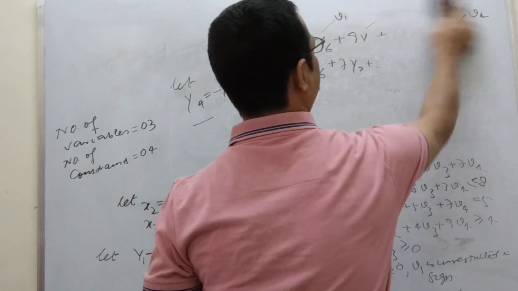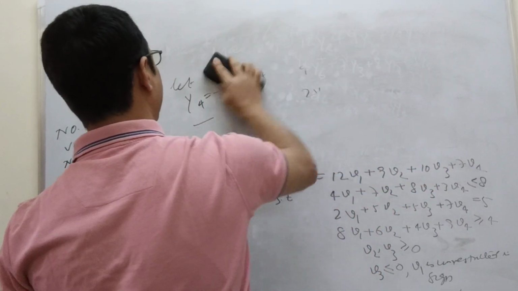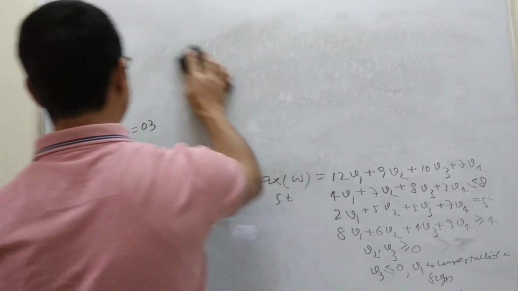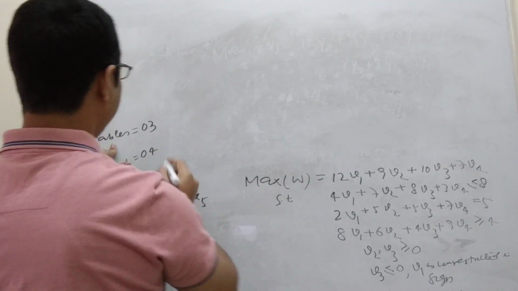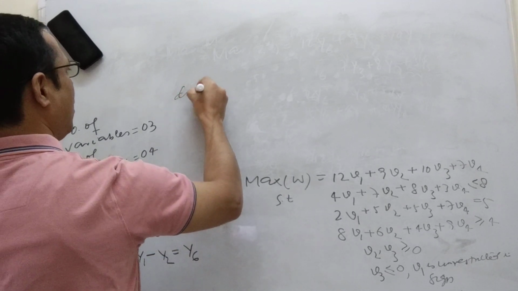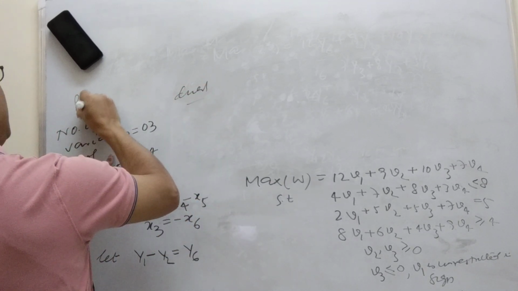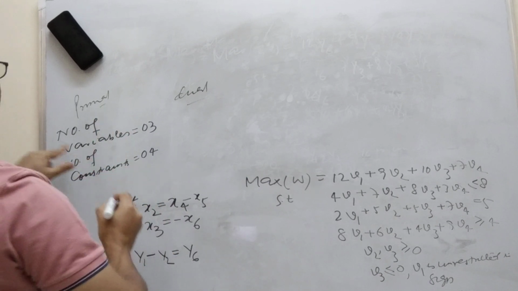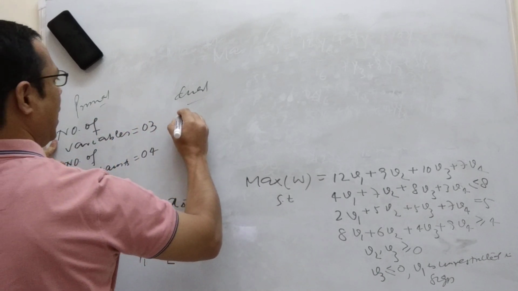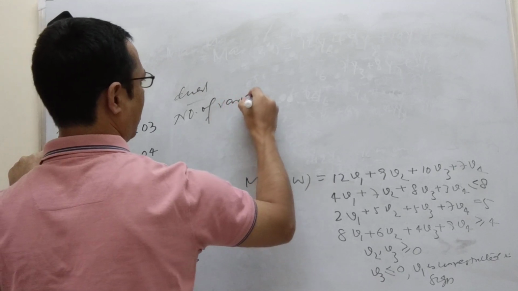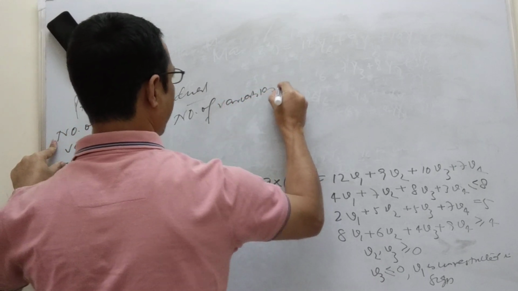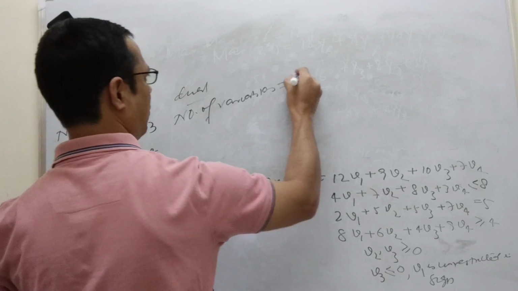You will find now you have got the dual. In the primal, the number of variables given is 3, so the number of variables in its dual will change from constants.